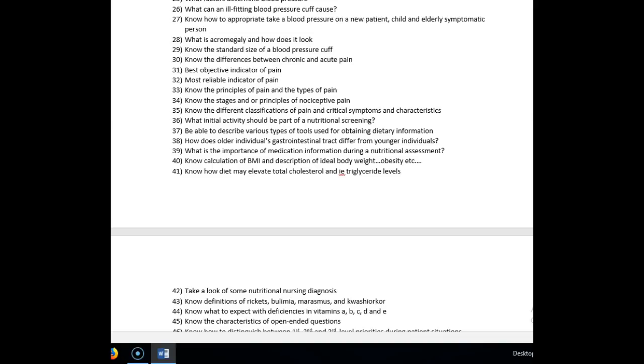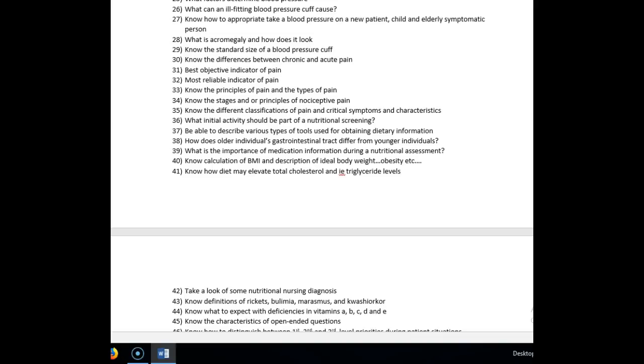Cholesterol levels and triglyceride levels, and that type of thing, is very important when you're assessing a person, because remember, we did discuss that you will be looking at a person nutritionally as well.